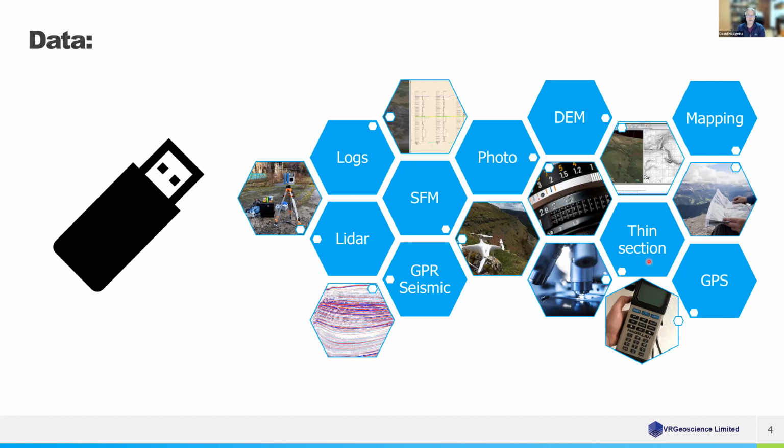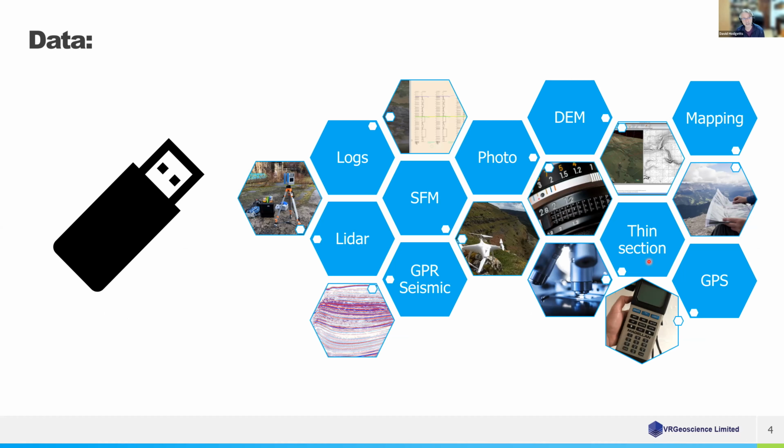Thinking about the data a bit more, the kind of data that we deal with, I've mentioned LiDAR and SFM. We have GPR, not so applicable in planetary at the moment. We have photographs, which are becoming more common to get from rovers, like the Mars rovers. We have elevation data, and there's very good elevation data for the Moon and for Mars now.